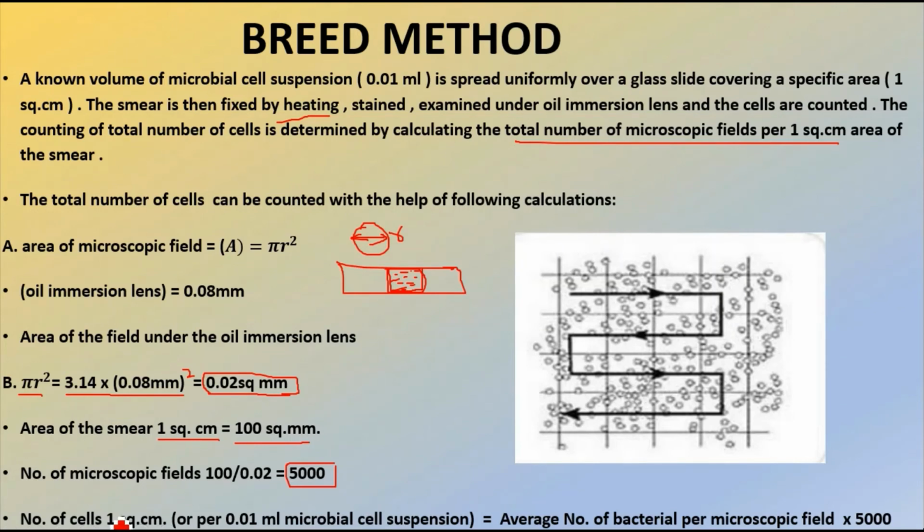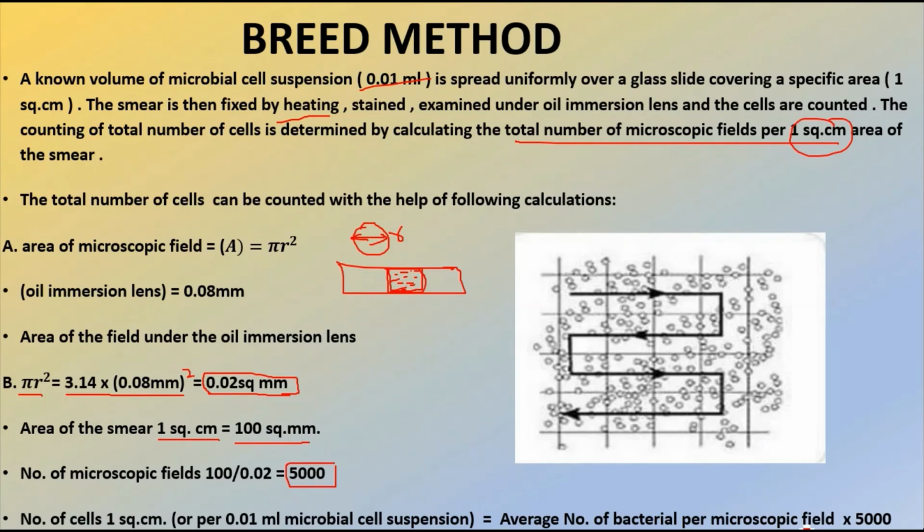And now if we want the number of cells per 1 square centimeter or per 0.01 ml, because we have taken that much of the sample only, we get it by multiplying the average number of bacteria per microscopic field.